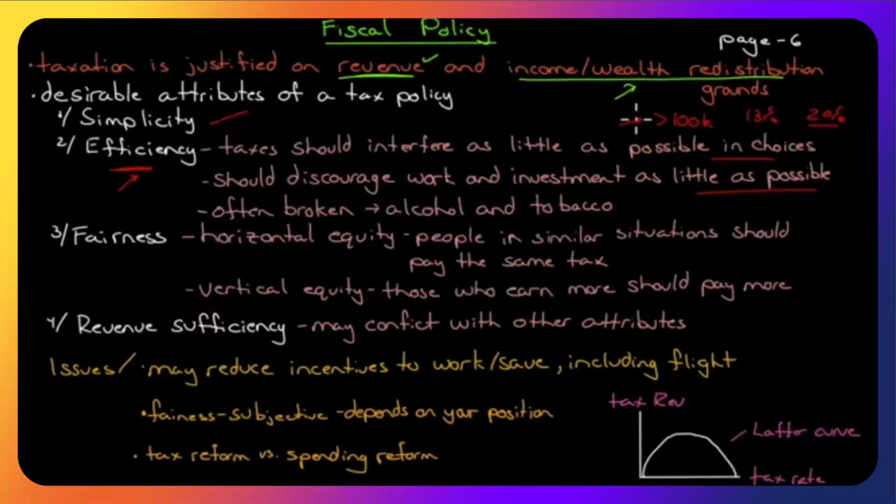Taxes should discourage work and investment as little as possible. This is often broken. There are times where a government will use taxes to be specifically inefficient. In other words, it wants to interfere as much as possible in the decision. Alcohol, tobacco. There are some states in the U.S. where alcohol is very expensive, and some where it's really cheap.